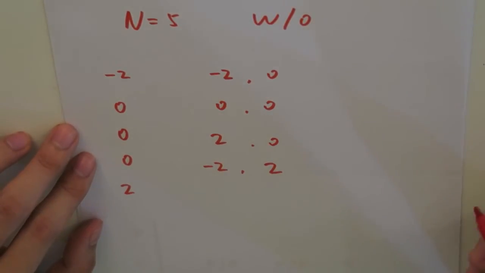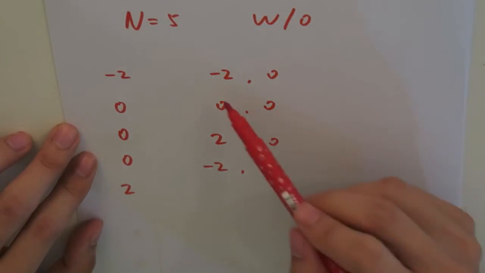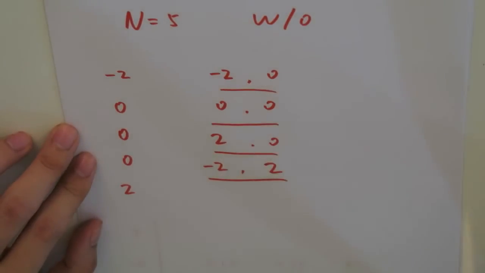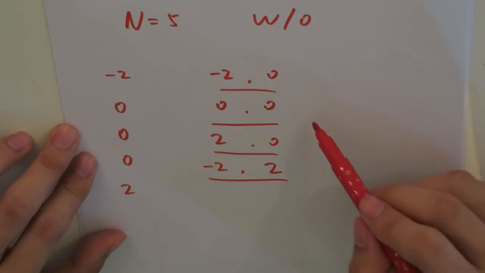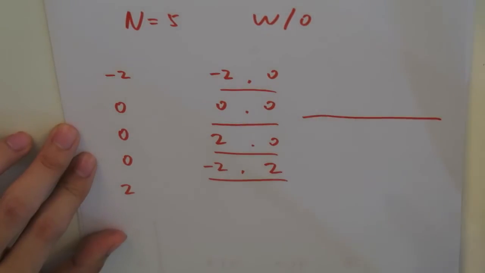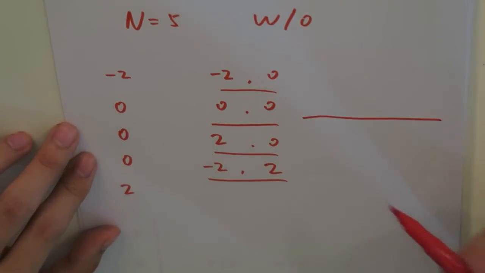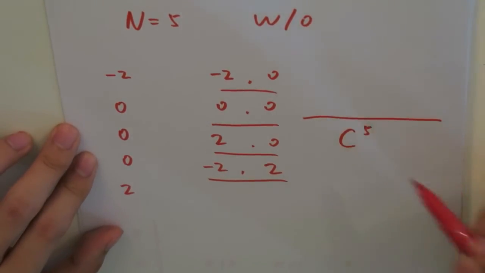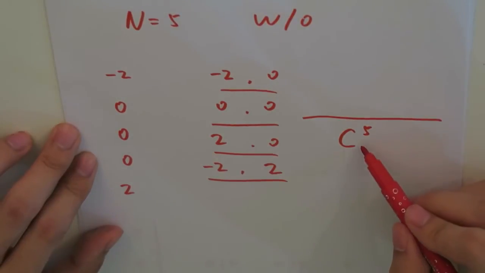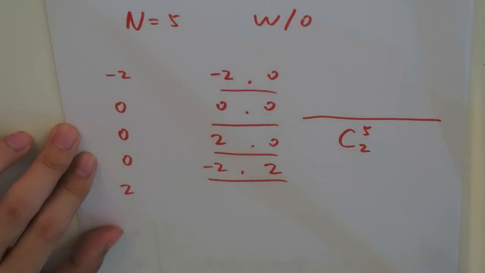So now we want to compute the probability of getting these 4 samples. We'll use this method. Okay, the denominator is the total number of ways of getting a sample. That means we have 5 elements and we'll select 2 from this 5.